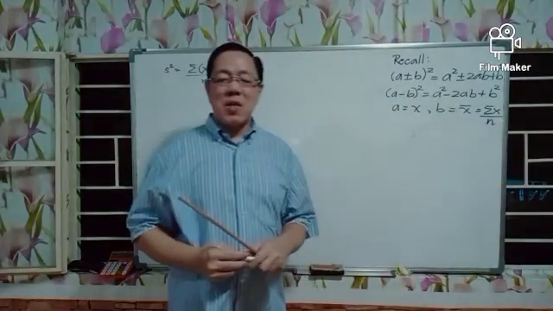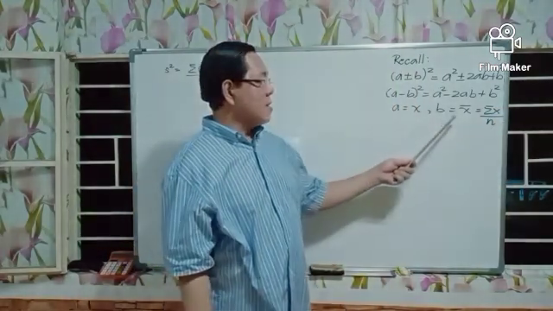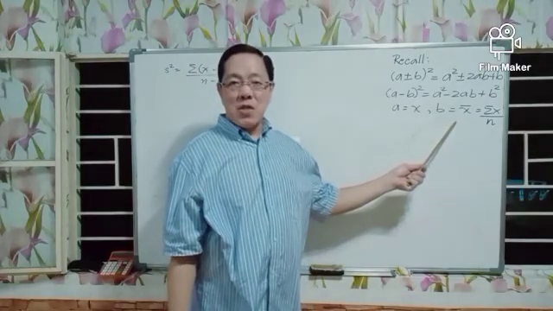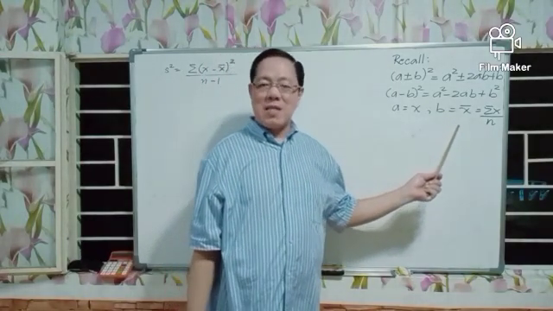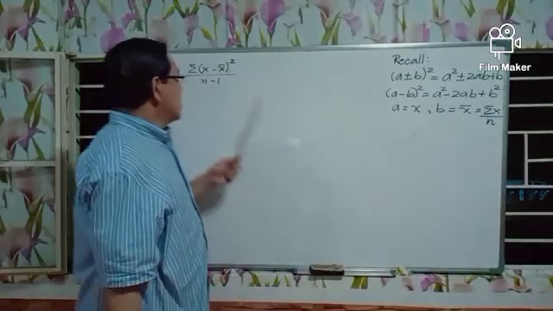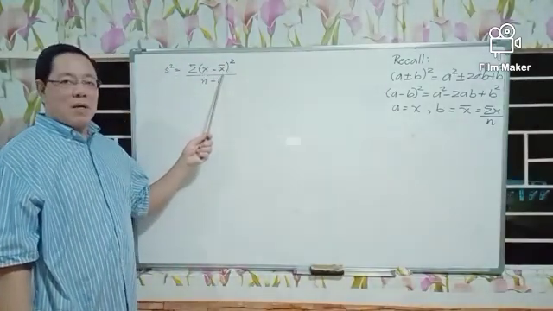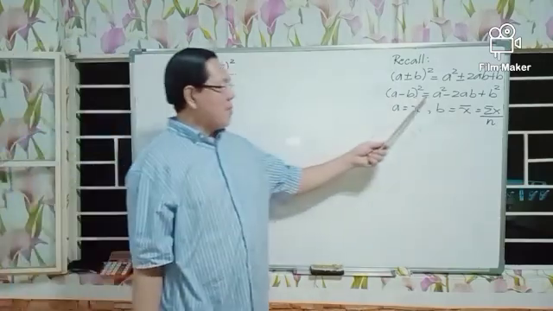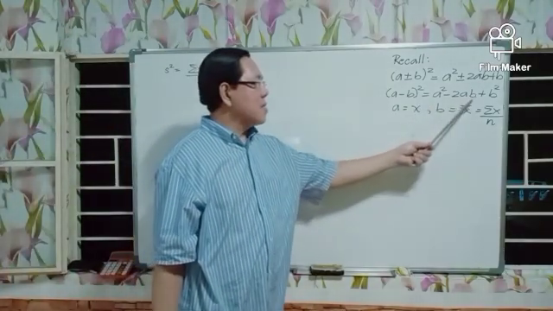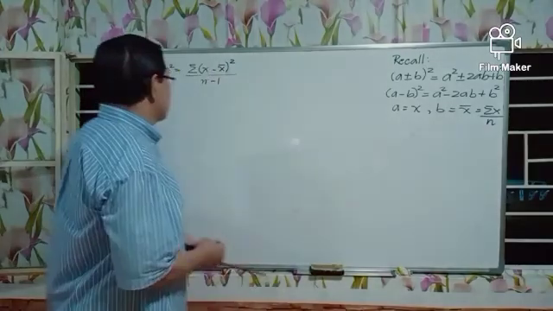If you divide the summation of x by n, you get the single numerical value denoted by x bar, and is defined as the sample mean. So we write the expansion of the square of x minus x bar by replacing a with x and replacing b with x bar.